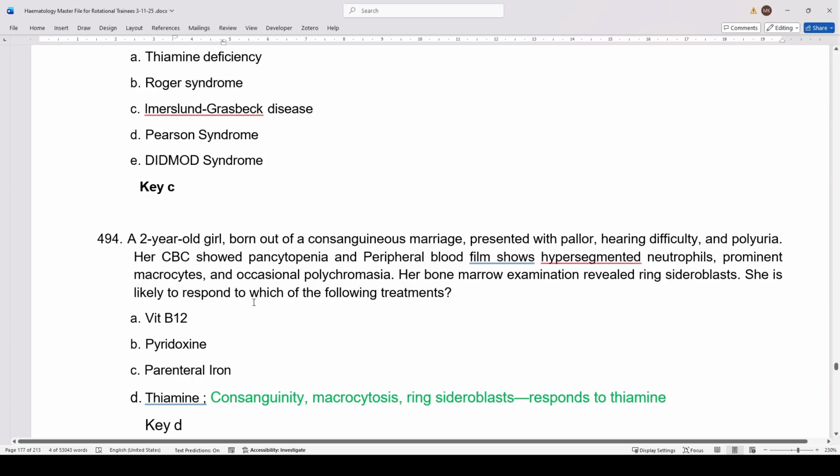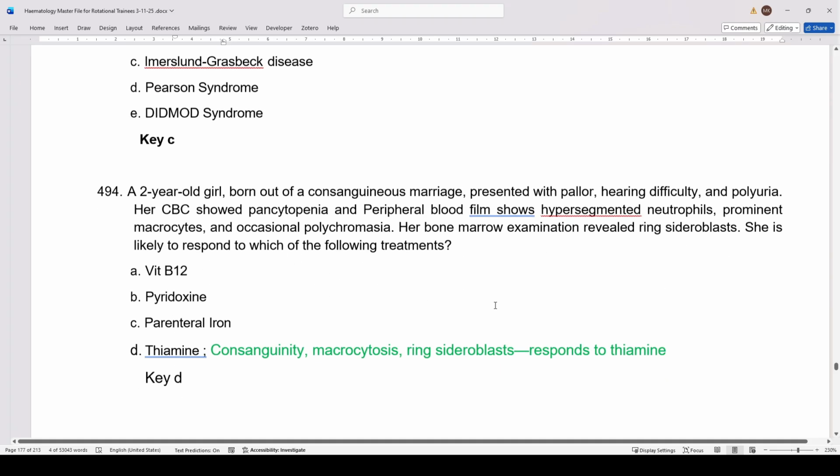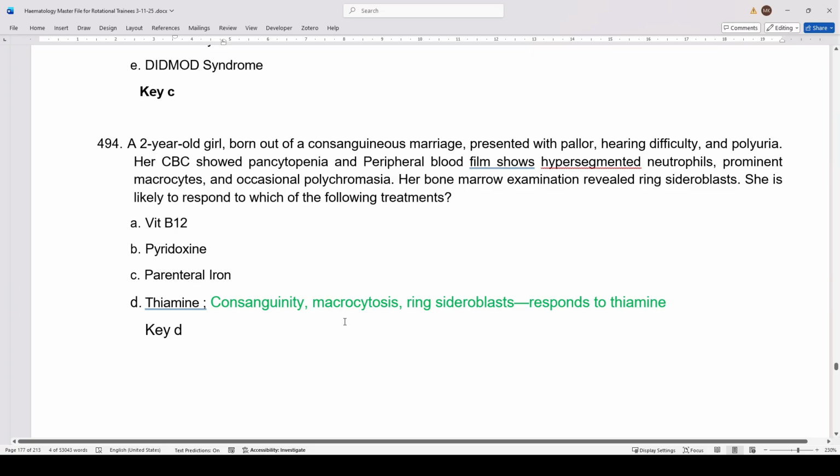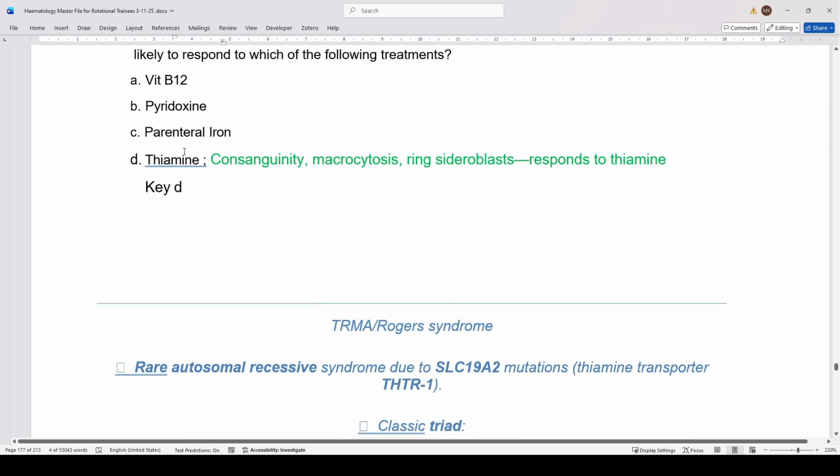She is likely to respond to which of the following? It is a case of thiamine responsive megaloblastic anemia, also called Rogers syndrome. It is autosomal recessive, so you have a history of consanguinity, macrocytosis, and ring sideroblasts. In this case, we have to give large doses of thiamine, because there is a deficiency of the thiamine transporter, and these patients will improve.